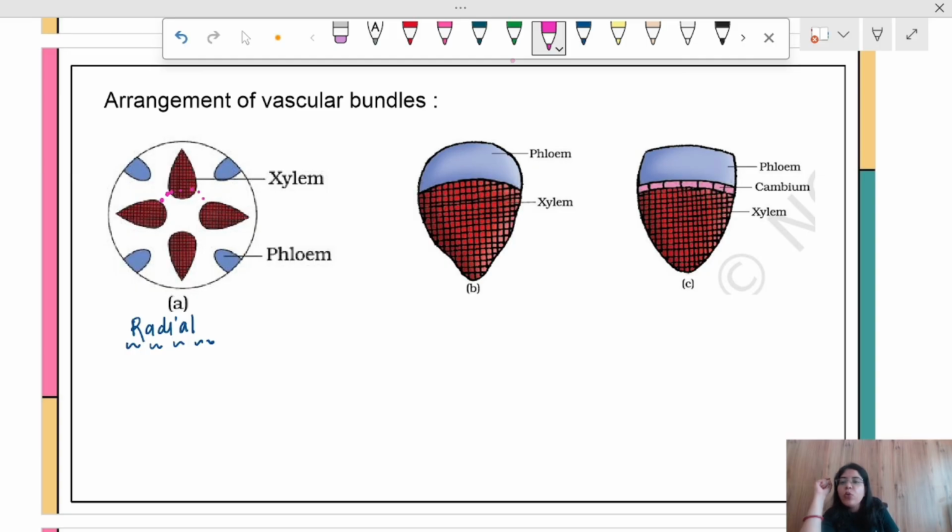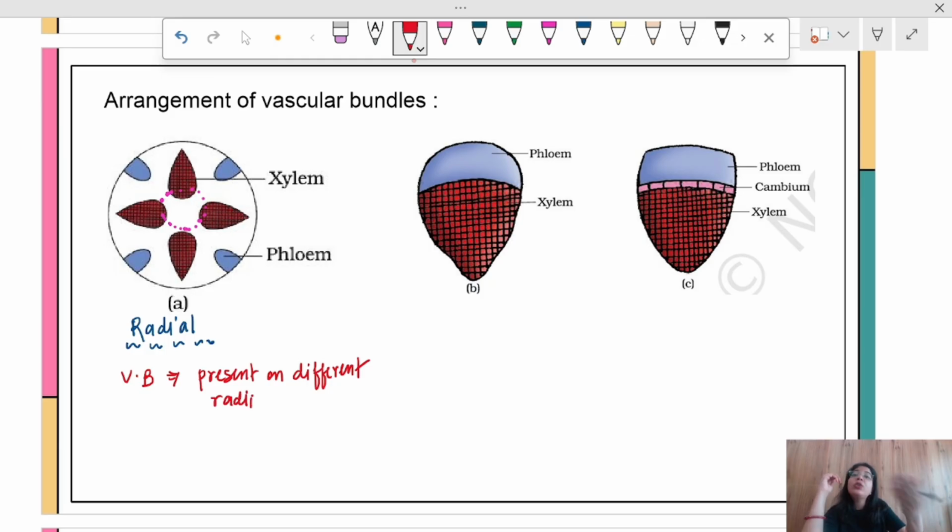Now try to notice that the vascular bundles are present on two different radii, right? What's the meaning? Xylem is present on this radius and phloem is present on outer radius, right?